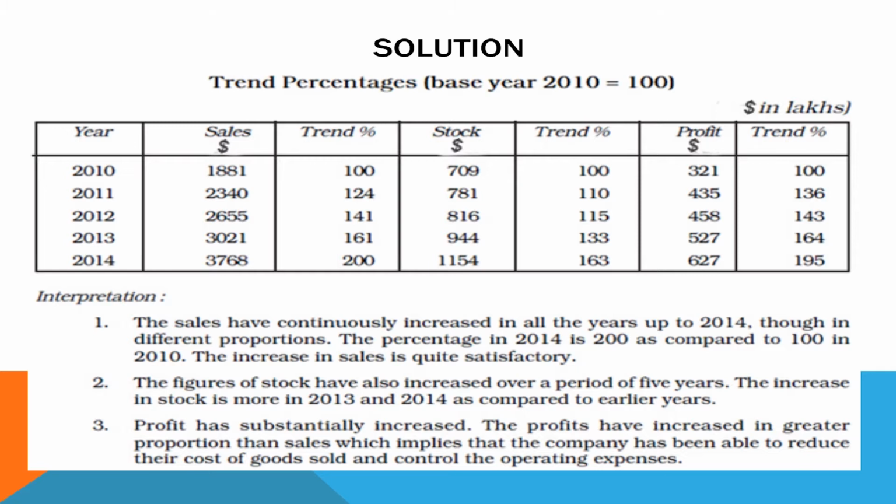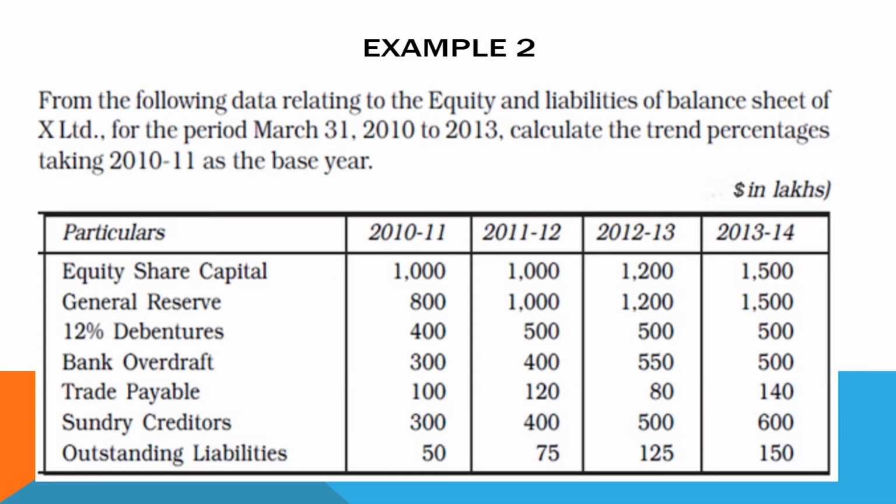As we can see, different values for 2010-11, 11-12, 12-13 and 13-14 are given. For example, equity, general reserve, debentures, bank overdraft, trade payables, sundry creditors and outstanding liabilities. Now we are supposed to calculate trend percentages. So we will start with the solution.